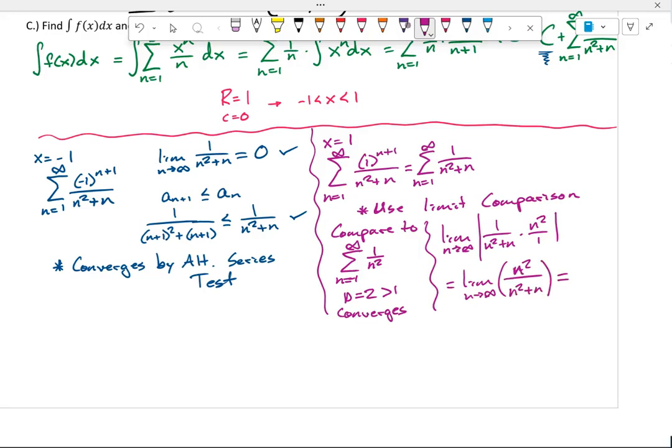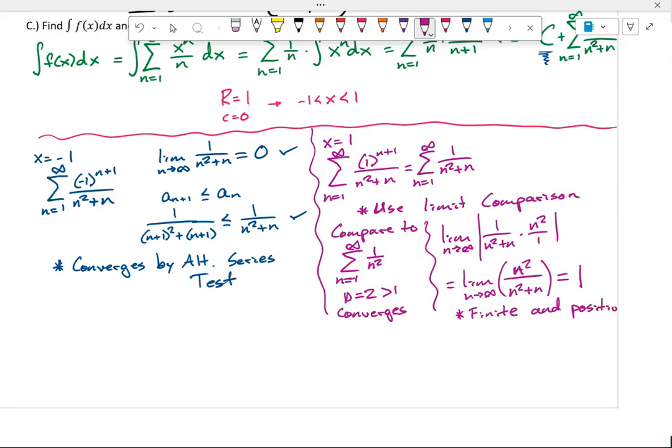What is that equal to? 1. For this, we need it to be finite and positive. Is that finite and positive? Yes. So, since the comparison series converges, then our original series converges. Okay? And thus we know what our interval of convergence is.